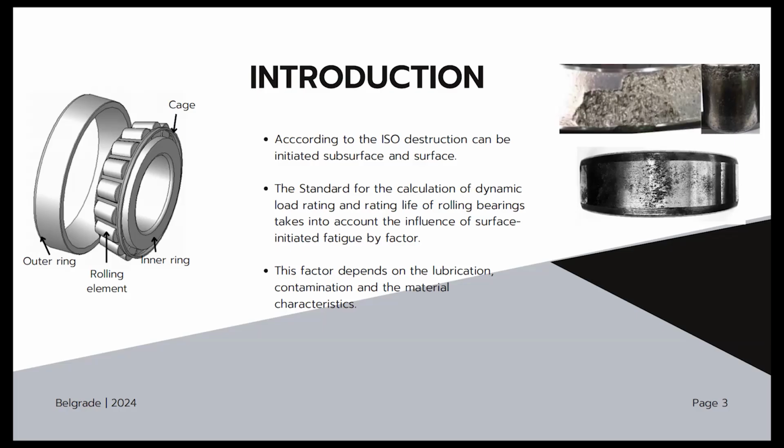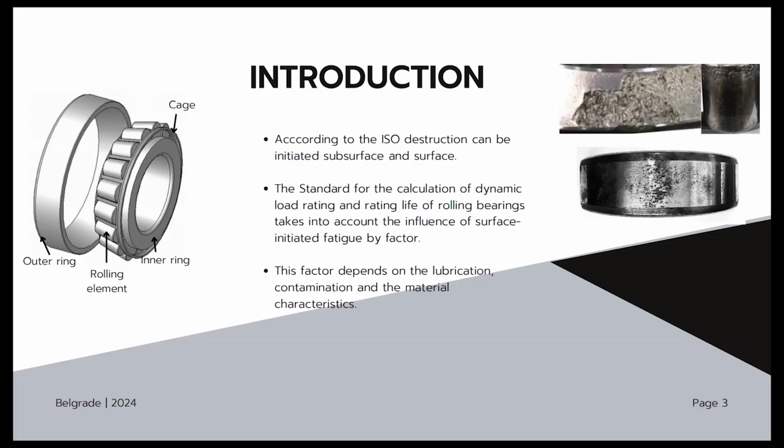According to the ISO standard, the fatigue can be initiated by subsurface and surface. The standard for the calculation of dynamic load rating and rating life of rolling bearings takes into account the influence of surface intensity by a factor.